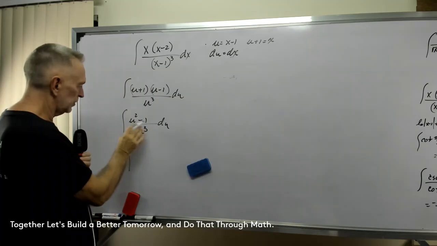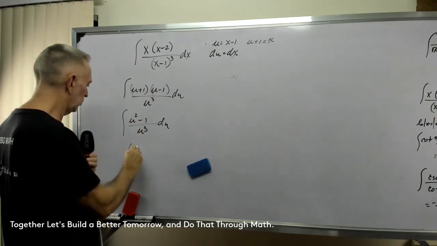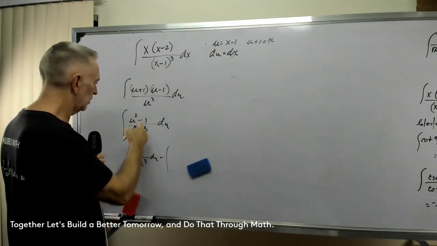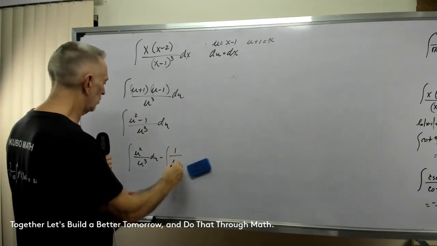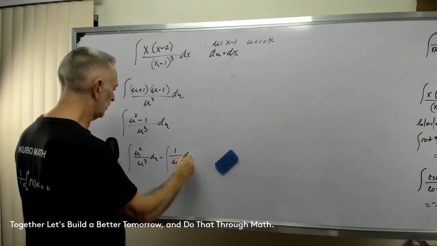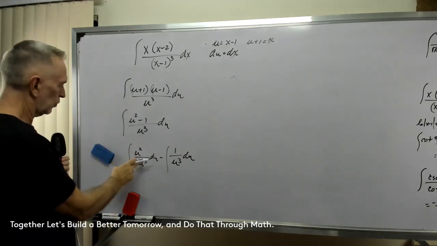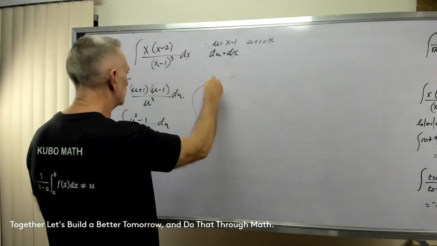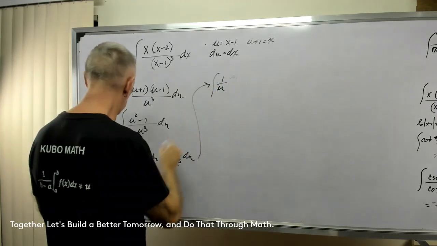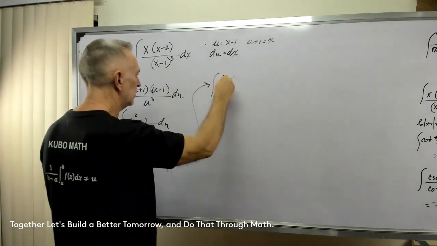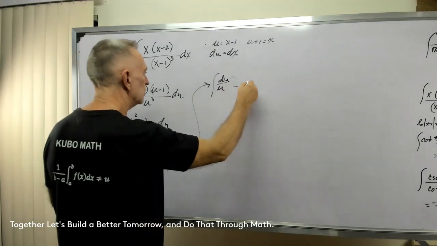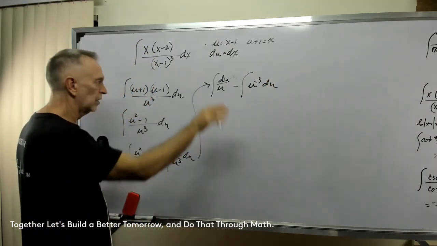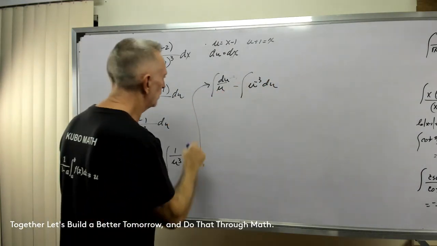So if we separate these terms out, I would have u squared over u cubed du minus the integral of 1 over u cubed du. Okay, u squared over u cubed, I have 1 over u. So I would have the integral of 1 over u du minus the integral of u to the minus 3 du. So we just brought this u cubed to the numerator.